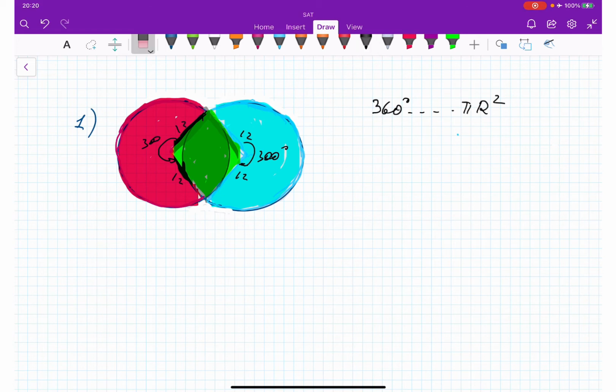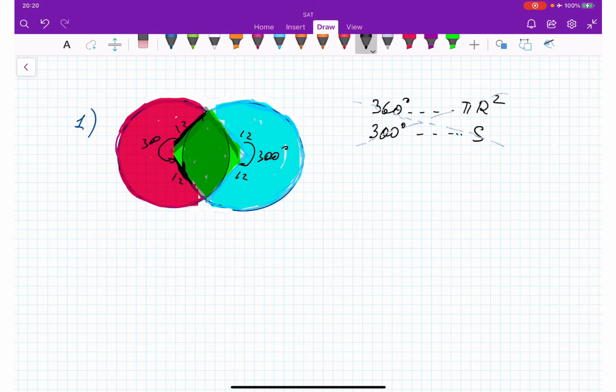But we have 300 degrees instead of 360, so I'm writing down 300 degrees, and it is equal to S, the area. So we create a proportion and do cross multiplication: 360 times S and 300 times pi r squared.